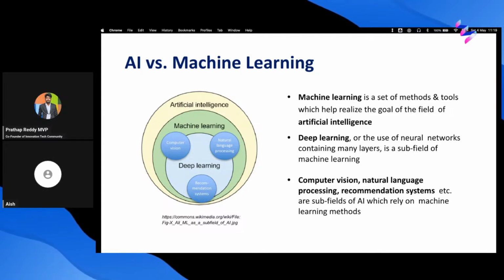Machine learning is basically the methods and tools which help you realize the goal of artificial intelligence. And deep learning is an even more specialized version of machine learning, which uses neural networks with many layers. We're going to talk about that in a little while.